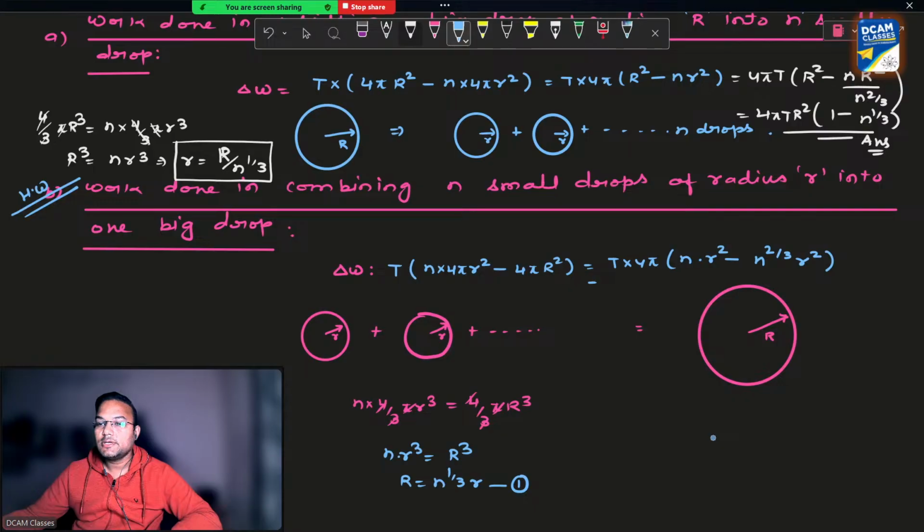You can take 4 pi capital T n power 2 by 3 common, into n power 1 by 3 into r square minus r square, and r square I'll also take common.